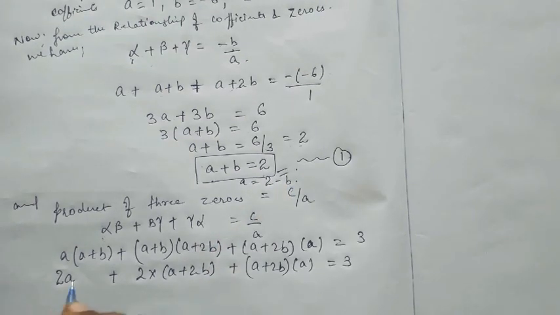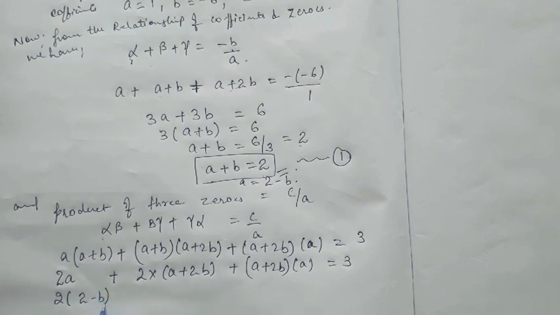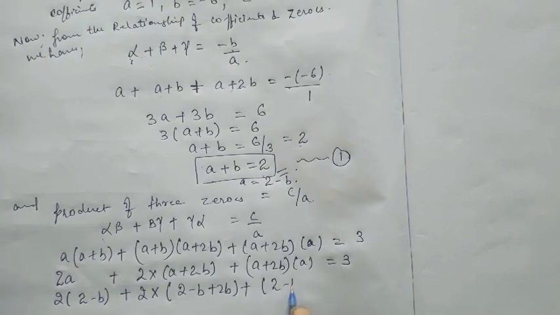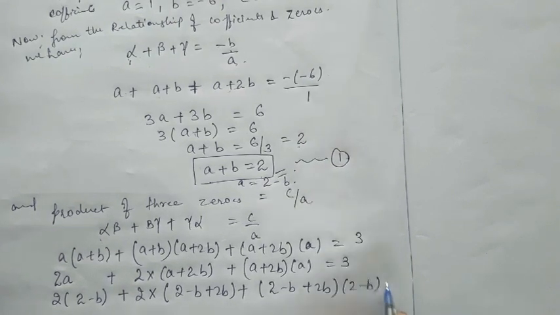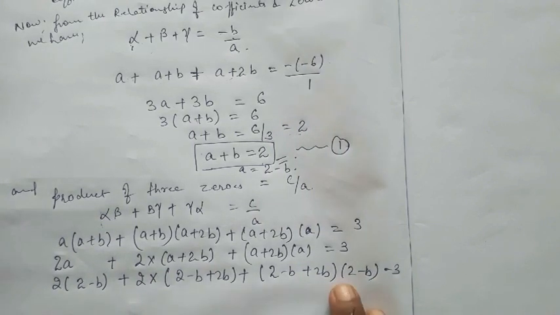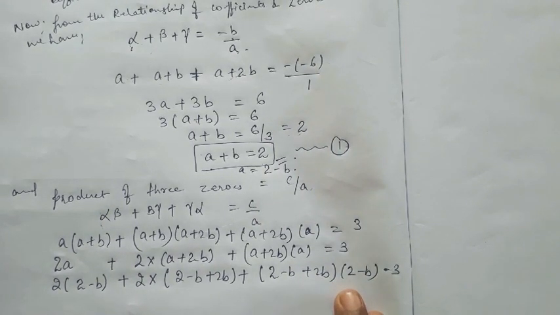We can substitute here, we are left with 2 minus b, plus twice of 2 minus b plus 2b, plus 2 minus b plus 2b times 2 minus b. Why have I done this? So as to make the whole equation in terms of b. So it will be easy for me to solve this for b. Afterwards we can solve it for a also.